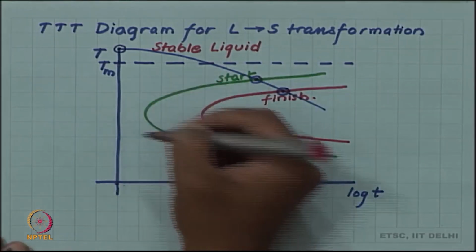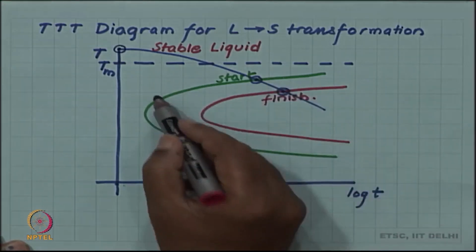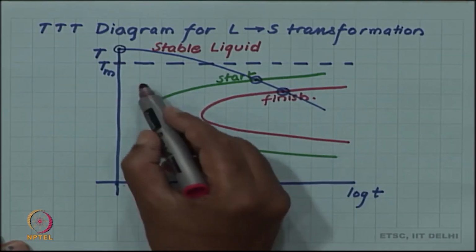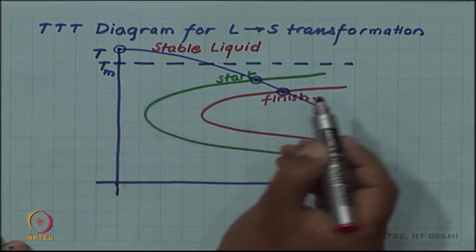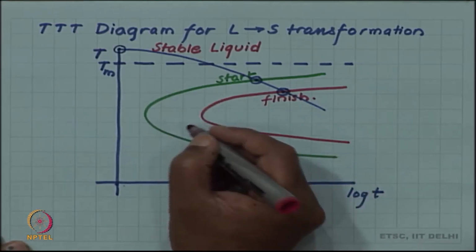Below the melting point liquid should transform, but before the green curve the transformation has not started. So, you have a liquid which wants to transform, but has not yet transformed. So, that is an unstable liquid.